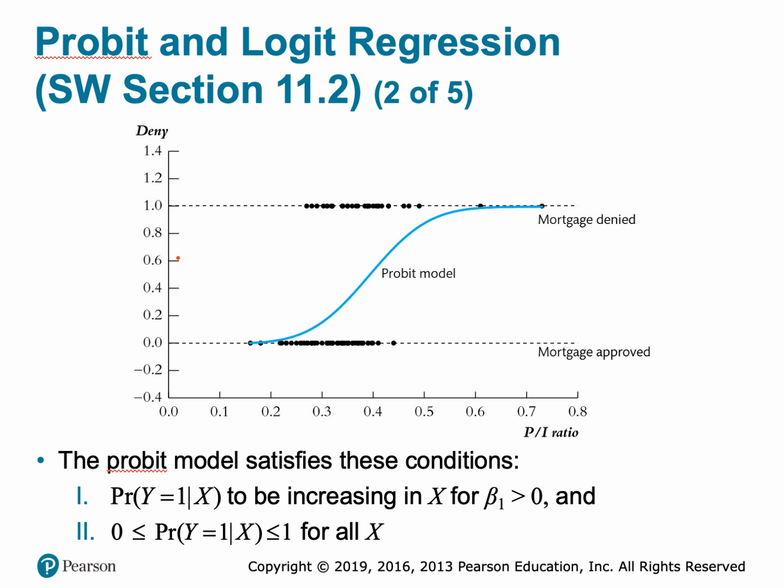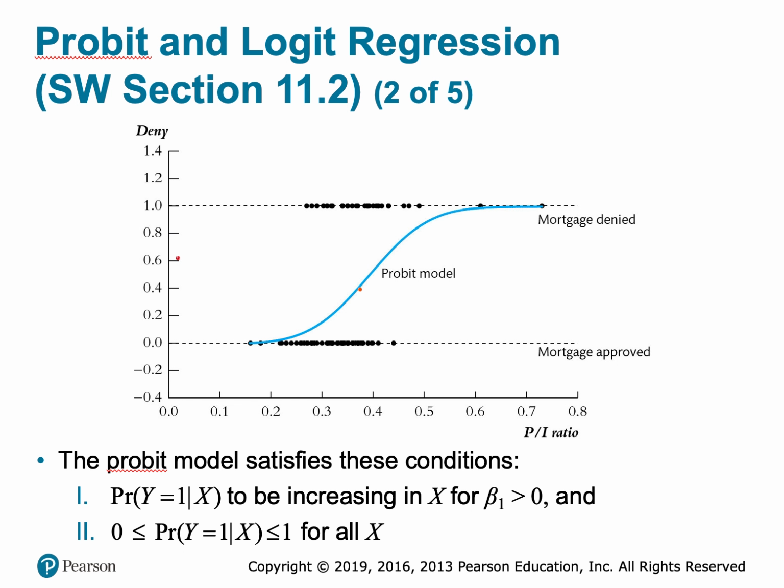Here is an example looking at our mortgage application case, where we have mortgages approved equal to 0, mortgages denied equal to 1, and the probit model is predicting the probability that a mortgage is denied. You can see that the probability that a mortgage is denied given x is increasing in x for this positive coefficient.